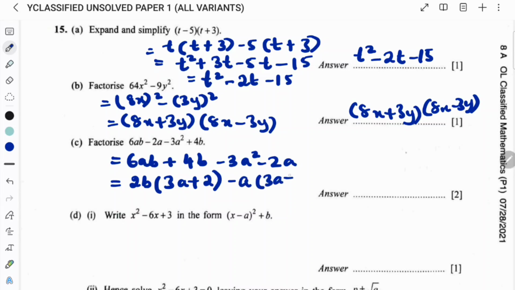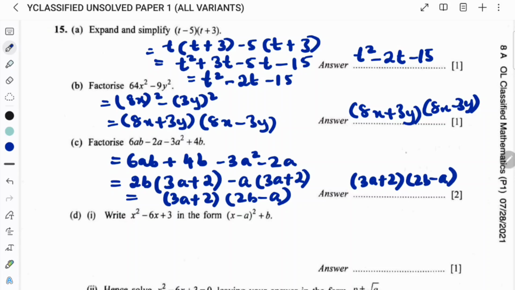Now we are getting the correct answer. So we have 3a plus 2 and 2b minus a. Did you see that we were doing it by grouping, but the brackets were not coming the same, so that's why we rearranged. Sometimes it happens also.